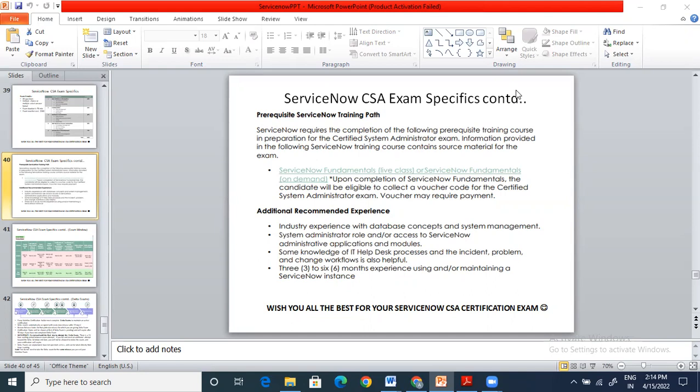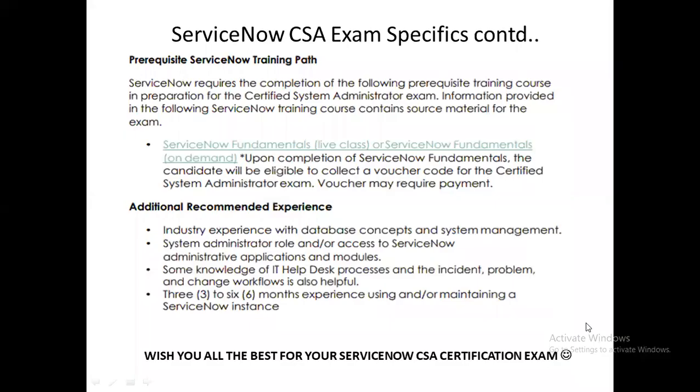Now, in this case, I'm talking about the prerequisite part. Some people have asked me what we require as a prerequisite for the ServiceNow CSA exam. As such, there is no mandatory prerequisite, except completing a course on Now Learning.